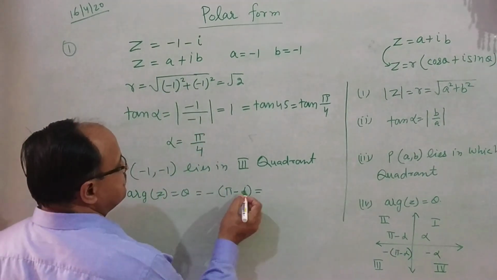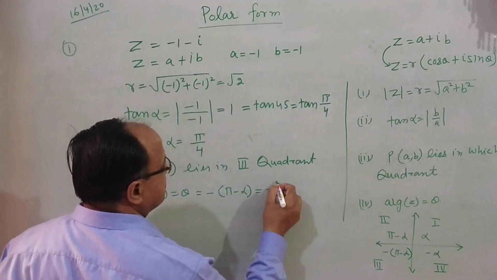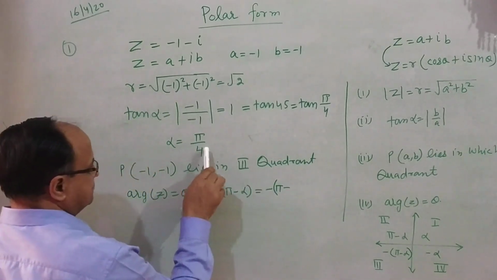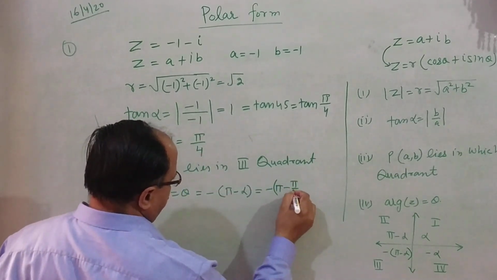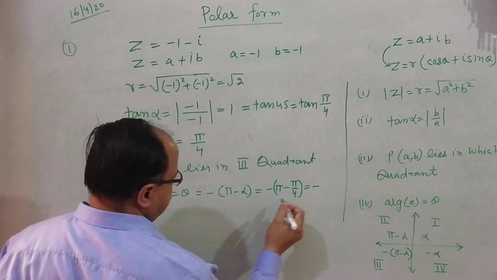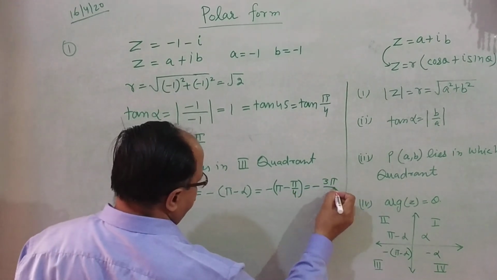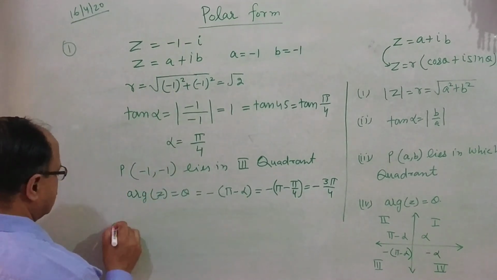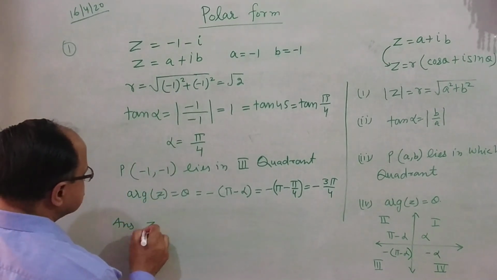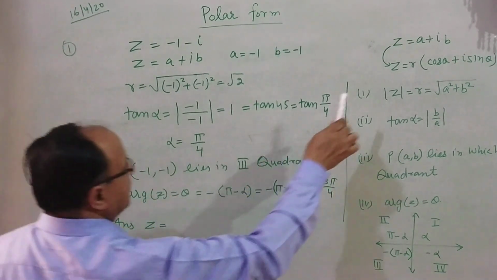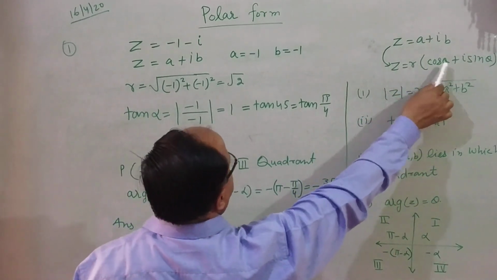What is the value of alpha? Minus pi plus pi by 4. On simplification, minus 4 pi plus 1 pi, that is minus 3 pi by 4. Therefore the answer: z in polar form, put the value of r and theta in this.